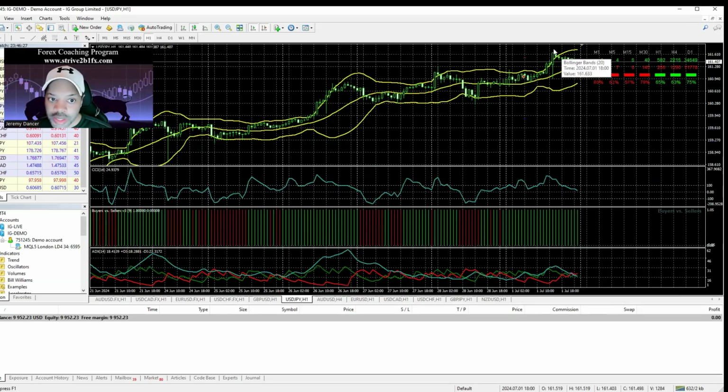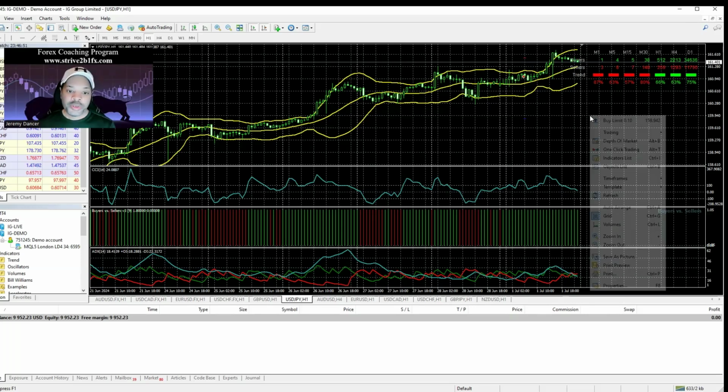We do see there are spikes outside the upper band, telling us the price is overbought. We do see a sell signal on the ADX, which is looking pretty good. And we can kind of see that there is an increasing amount of sellers coming in to short the US dollar Japanese yen.